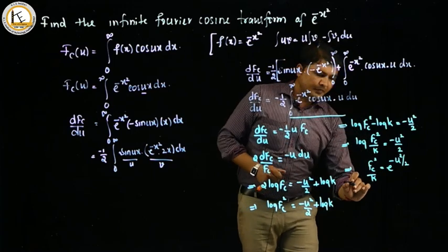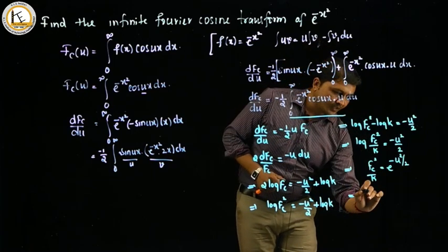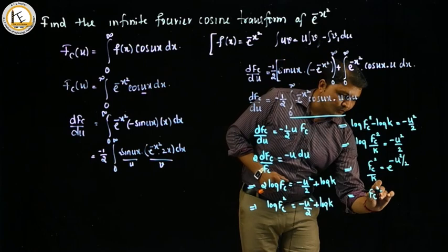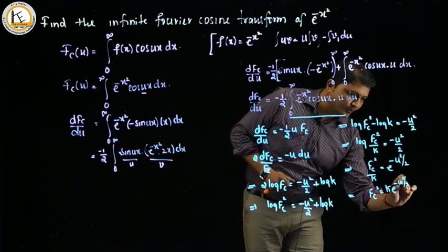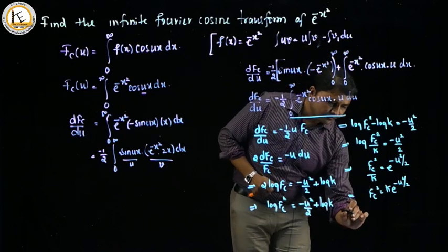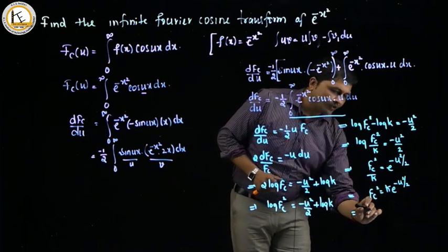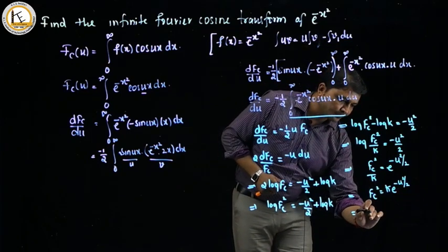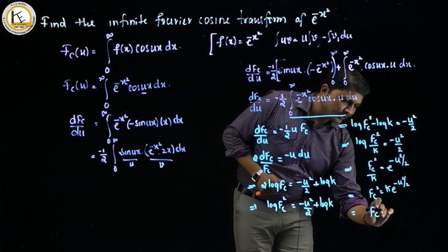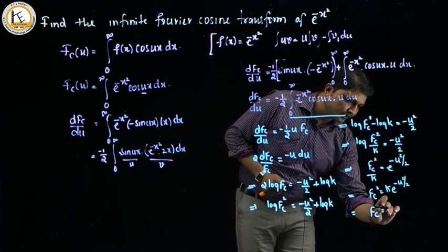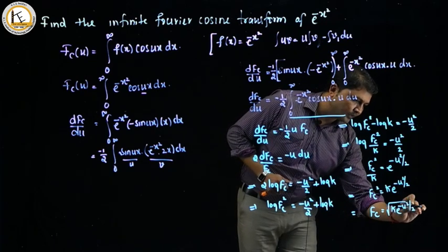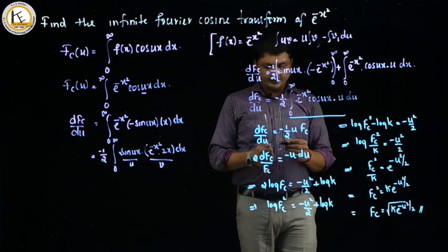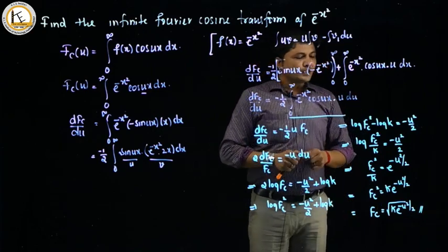That is nothing but fc square is equal to k times e raised to minus u square by 2. So finally we have the answer: fc is equal to square root of k into e raised to minus u square by 2, and hence that's the solution here.